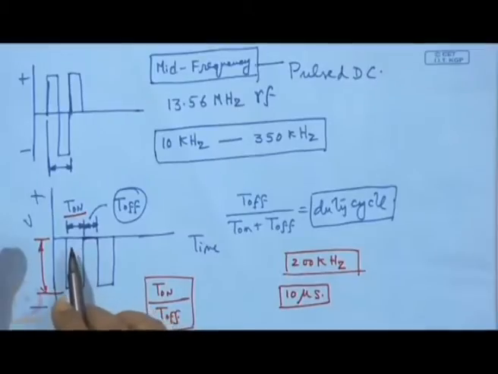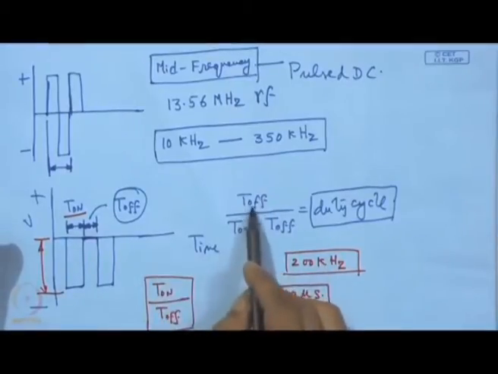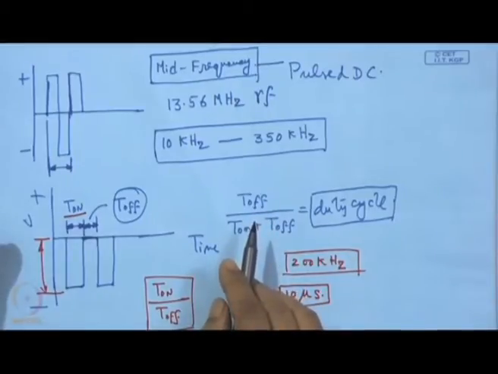One thing in the whole process is to protect the target and not arrive at a very damaging situation, that means arc discharge, which should be avoided anyway. But at the same time, for productivity, had it been 100%, that would have been the best, but we cannot do that. So, we must have T off, and that should be as minimum as possible, just adequate to avoid arc discharge.